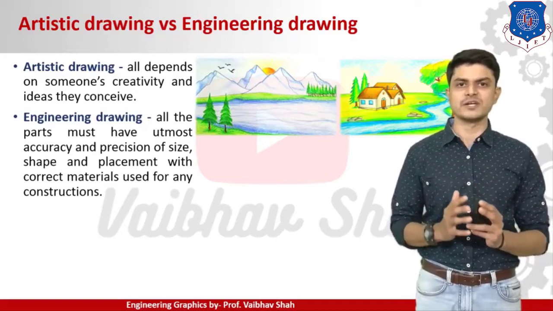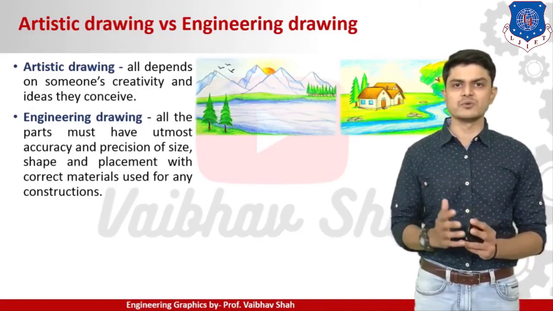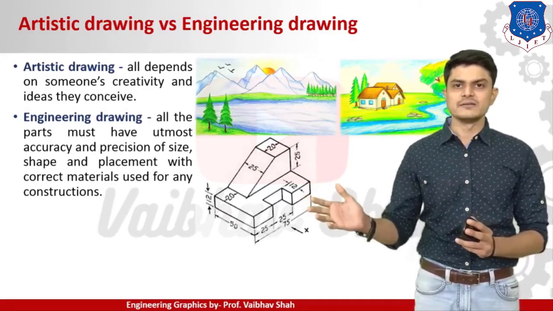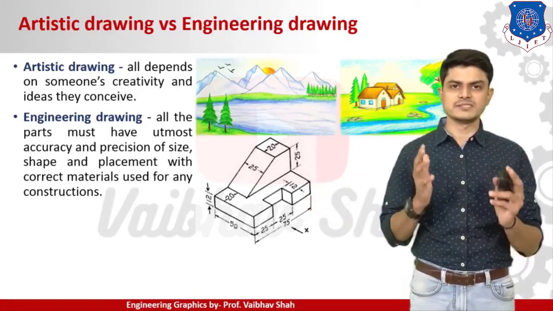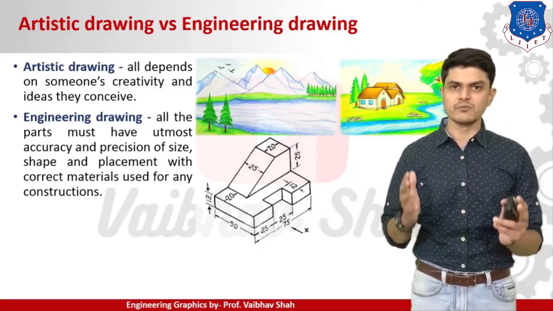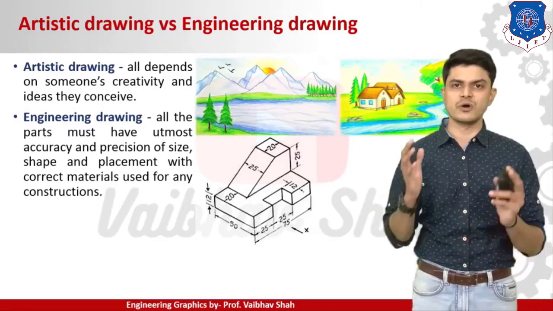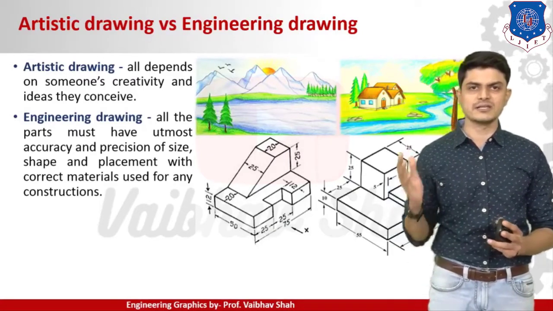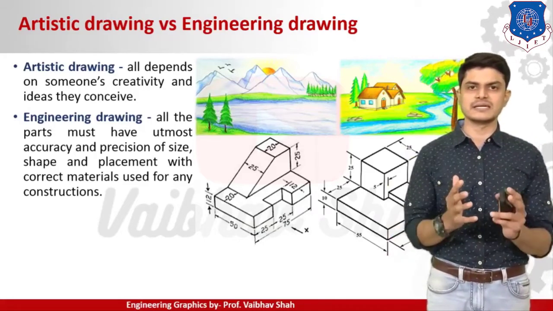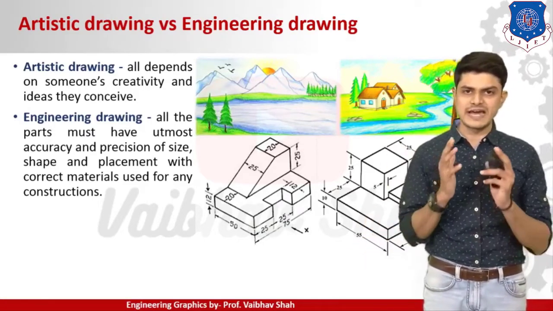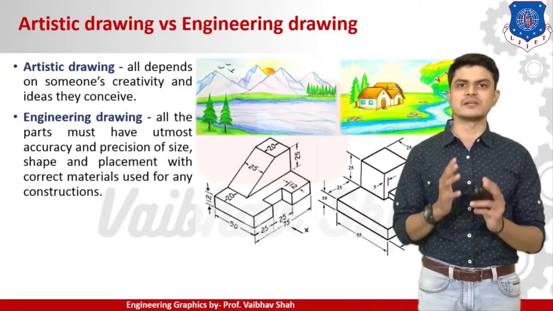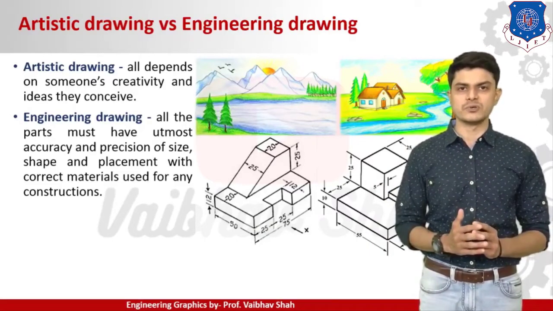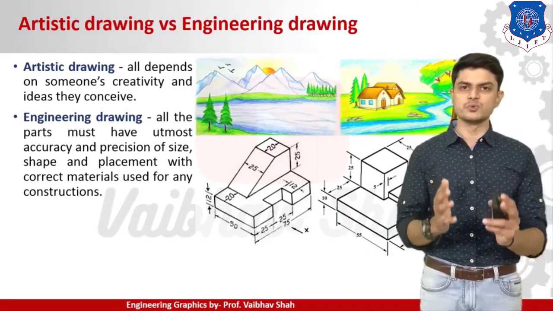By using engineering drawing, if I ask a number of people with the same knowledge of engineering drawing to draw, they would definitely draw the same drawing very precisely and accurately. And this is another example with precise and accurate dimensioning. These kinds of drawings are nothing but engineers' drawings. So as you can see the difference between these two drawings.